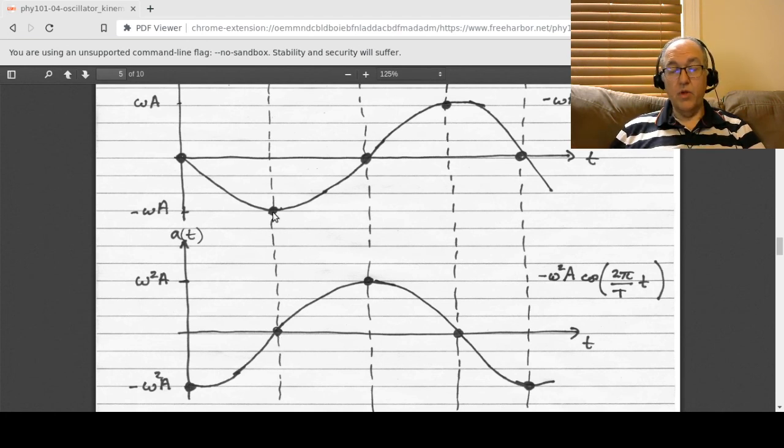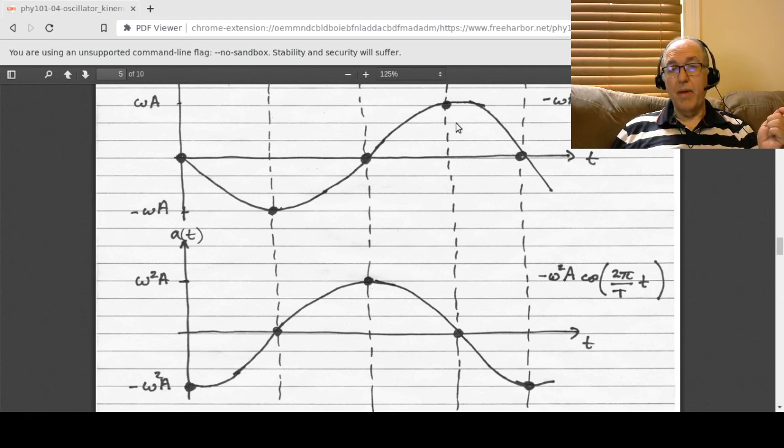So when you have the maximum velocity, you actually have 0 acceleration. When you reach the endpoint, at half the period, at x equals minus a, the velocity stops, but the acceleration is maximum at those endpoints.